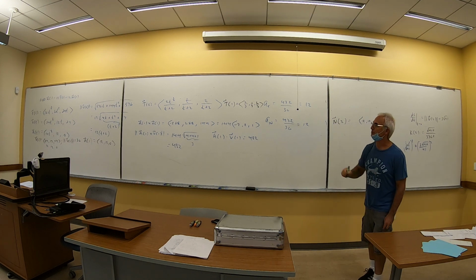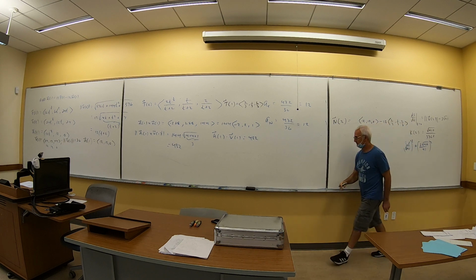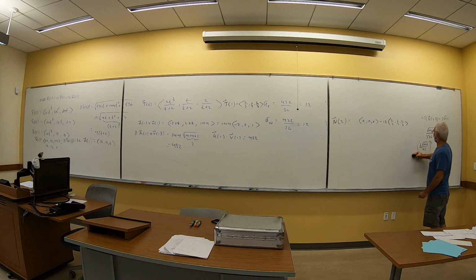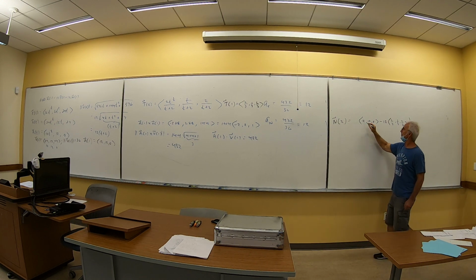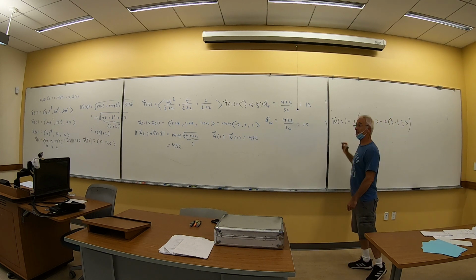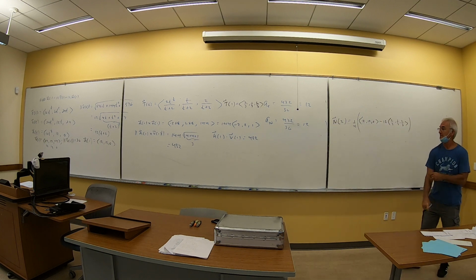And then I want to subtract 12 times T of 1. And then what do I want to do with all of that? Multiply it by 1/12. Remember, I just showed you a shortcut working backwards? That's what I'm doing right here.